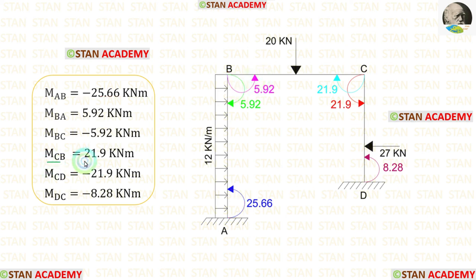For MCB, we got a positive value. That means it is acting in the clockwise direction. For MCD, we got a negative value, that means it is acting in the anti-clockwise direction. For MDC also, we got a negative value, that means it is also acting in the anti-clockwise direction.